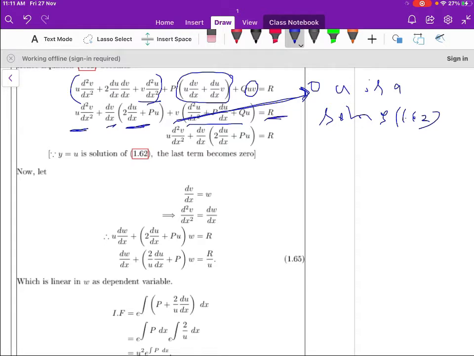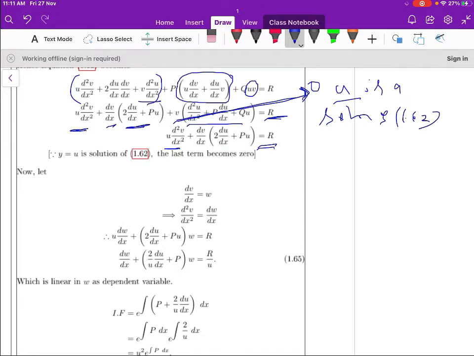Therefore the rest of the equation is u into d square v by dx square plus dv by dx into 2 times of du by dx plus pu is equal to r. So the last term becomes 0 here, since y is equal to u is a solution of the differential equation.